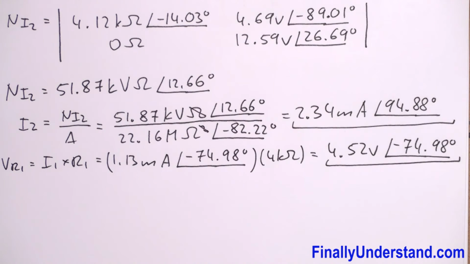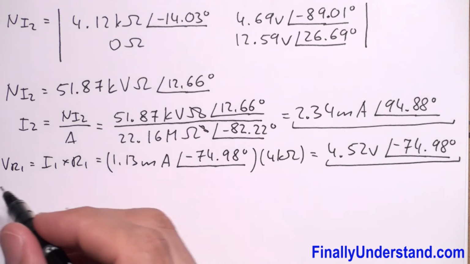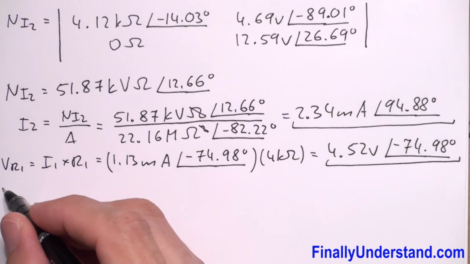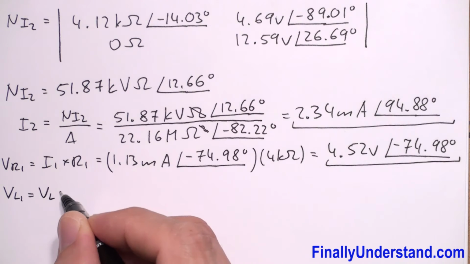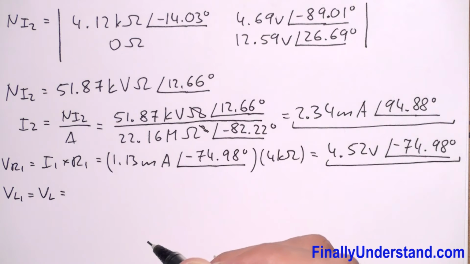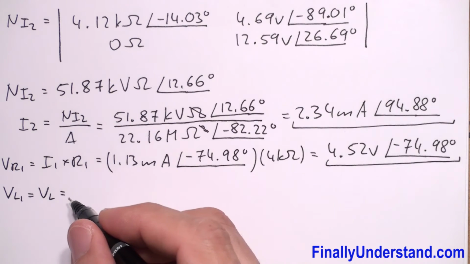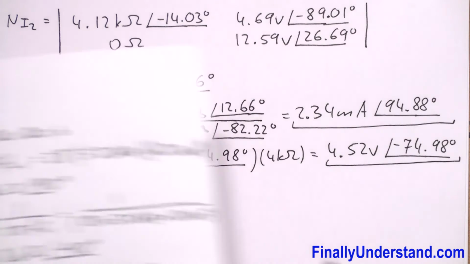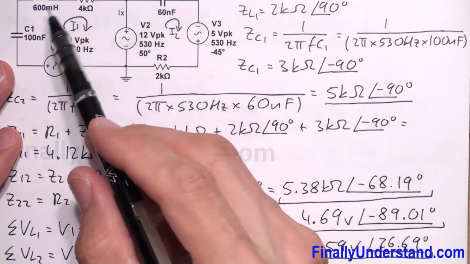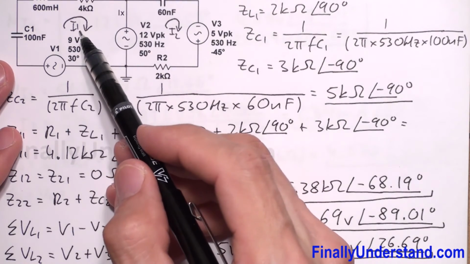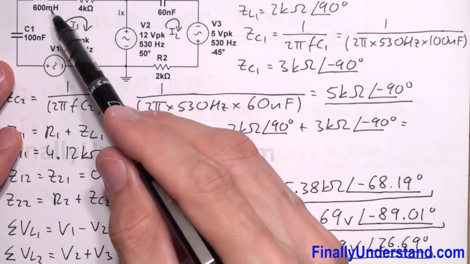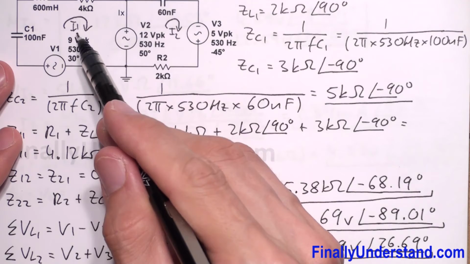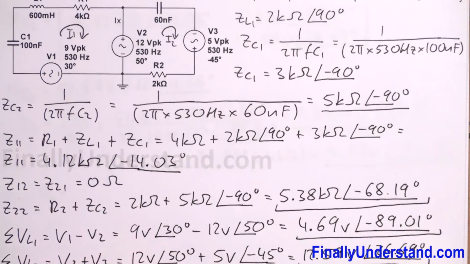Next we're supposed to find the voltage VL. I call this VL1, or VL, because we have just one inductor in the circuit. It is equal, let's take a look at the diagram, the product of current I1 and ZL1, because through the inductor current I1 will flow.